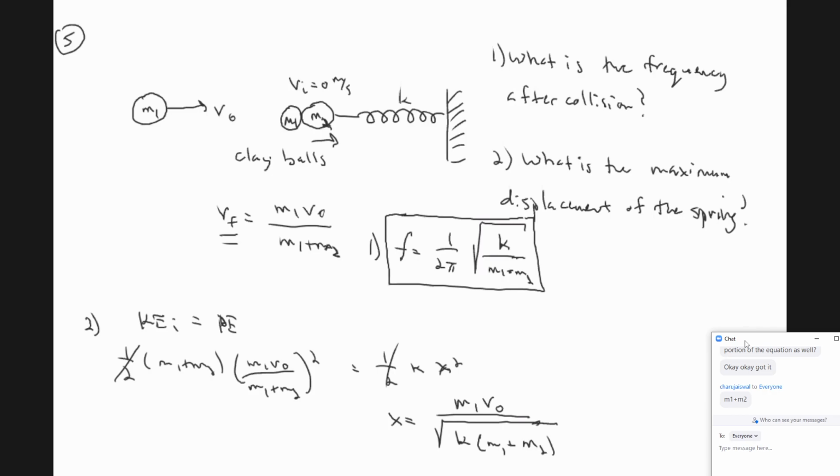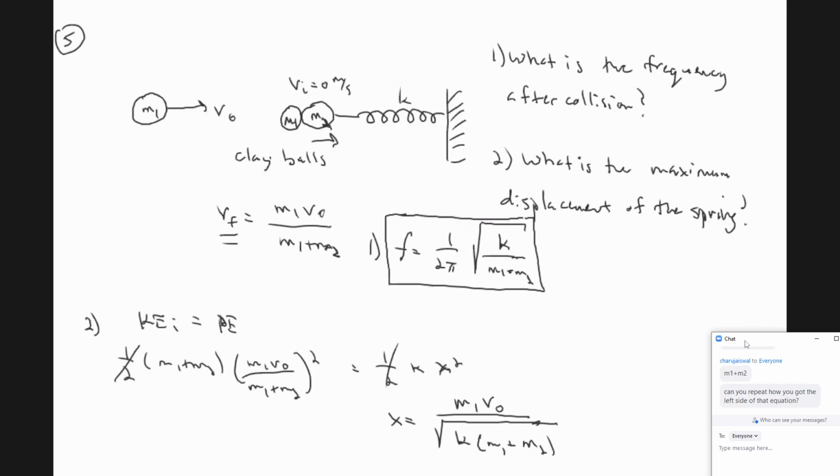And all we're doing is conserving energy from one point to another point. Notice I don't take it from the beginning, because during the collision event, I told you that using clay balls is an inelastic collision, which means we lose kinetic energy to the environment. However, we can take the energy after. How did I get the left side? 1/2 m1 plus m2 times the velocity squared.